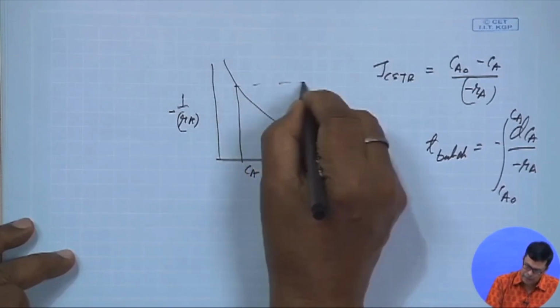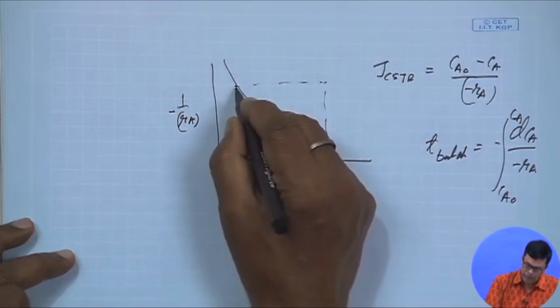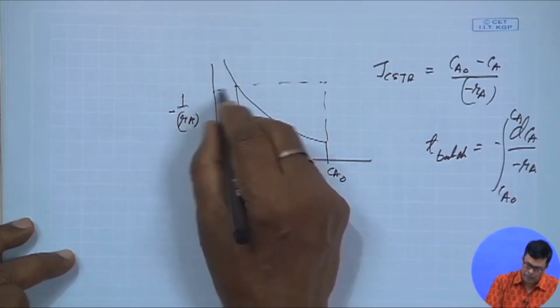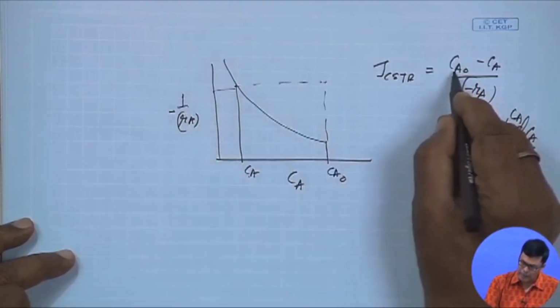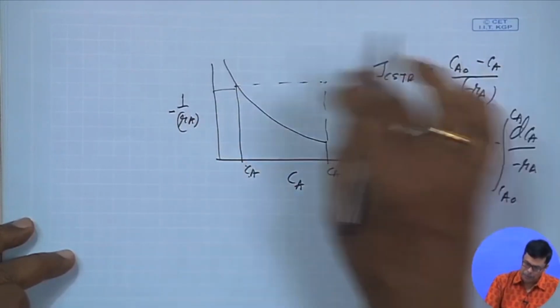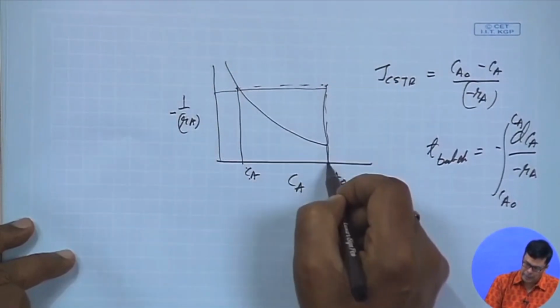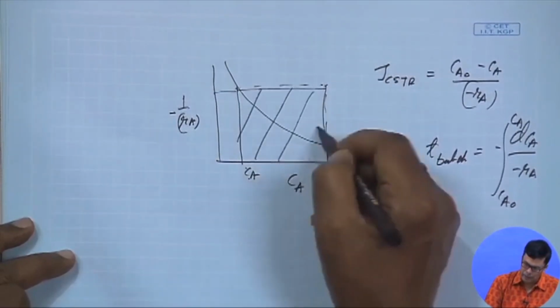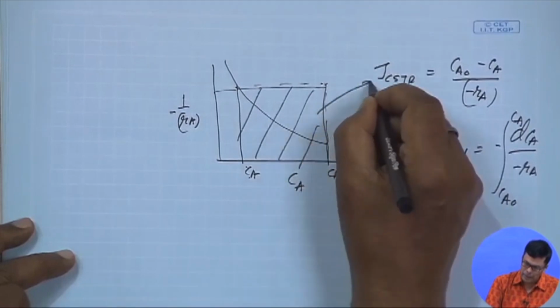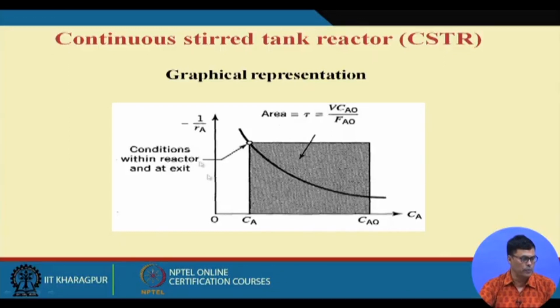So the area under this curve, what is the rate 1 by Ra? This one. So what is that? Ca0 minus Ca, that is the length, and minus 1 by Ra is this one. So it is the area of a rectangle. Am I right? The area of this rectangle is nothing but tau CSTR. So this is how it has been shown here in this figure.